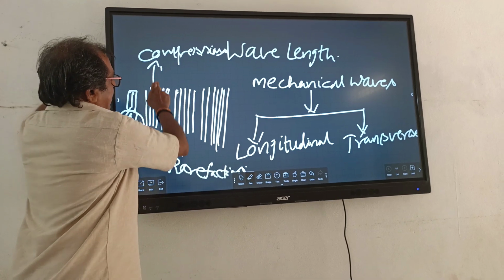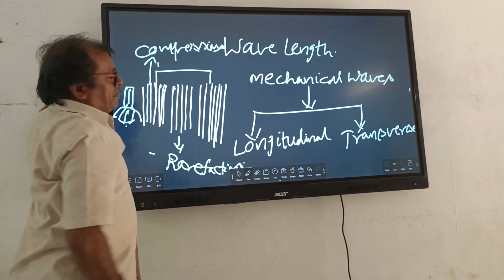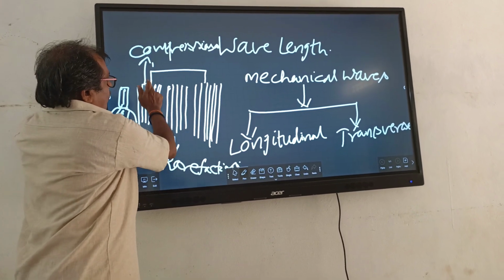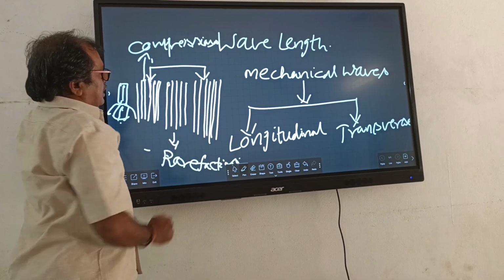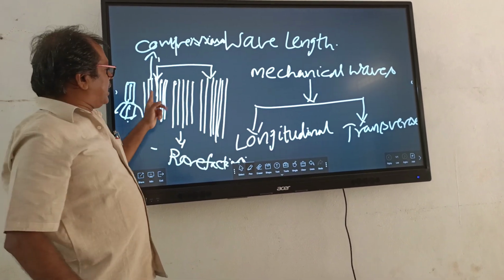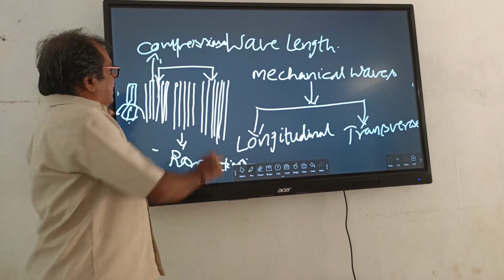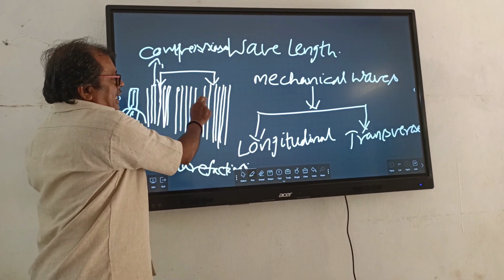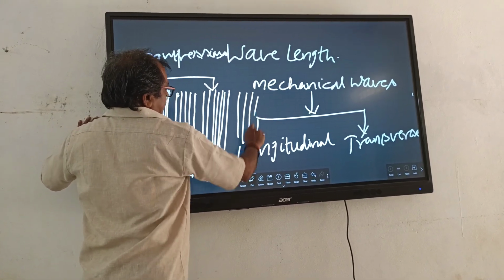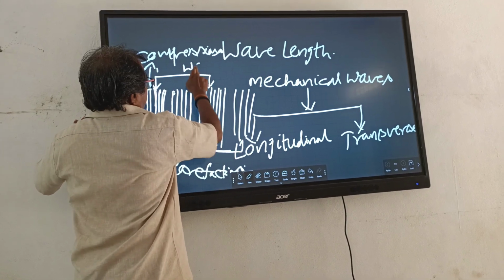Here, when we observe, these two are two compressions, which are nothing but compressions which come one after the other. In other words, consecutive compressions. Here the distance between two consecutive compressions or rarefactions is wavelength.